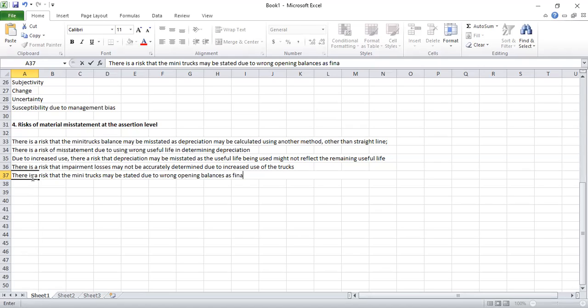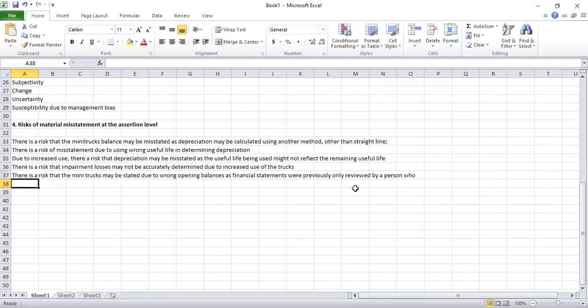Is financial statements were previously only reviewed by a person who is not a qualified accountant. I think I read something. I'm coming to what the gentleman or lady is asking there.